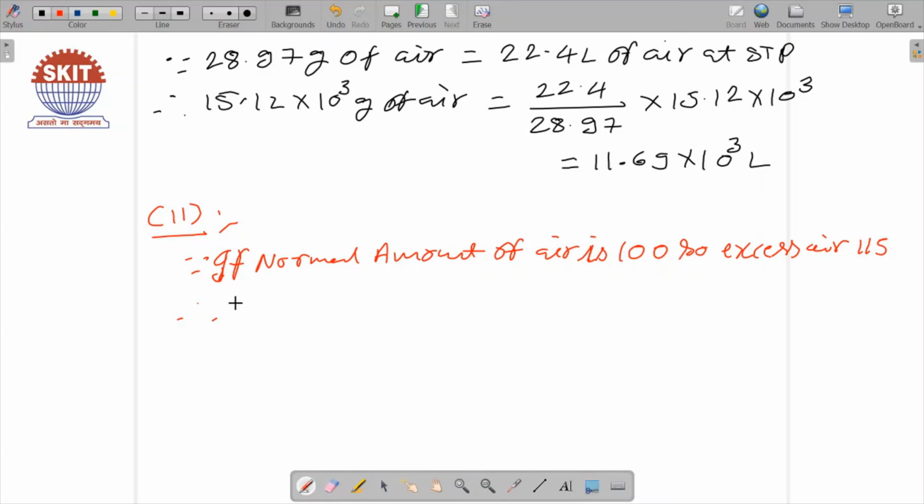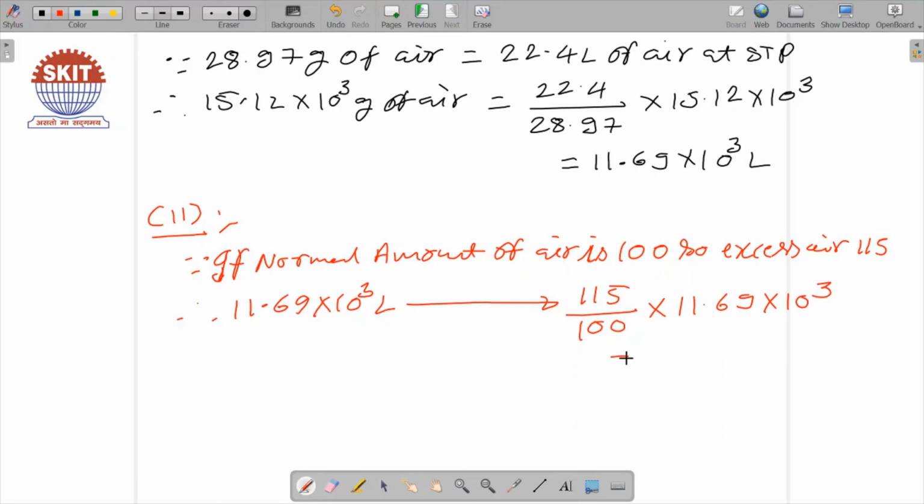So if we have the normal amount 11.69 into 10 to the power 3 liters, then the excess air will be 11.69 multiplied by 10 to the power 3 times 115 divided by 100, and the final answer is 13.44 into 10 to the power 3 liter.